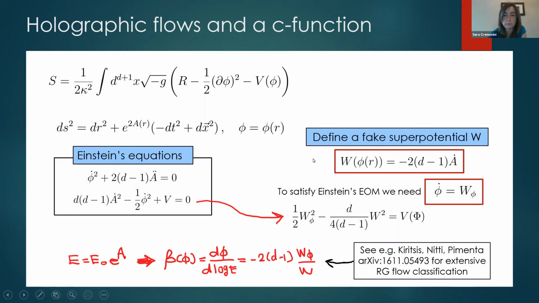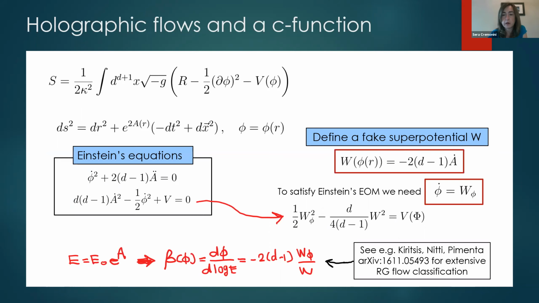So this W is a fake superpotential related to the scale factor in a particular way, the derivative of A. And by the way, these are radial derivatives. And if you impose that it also obeys this relationship, so the derivative of W with respect to the scalar is equal to phi dot, then you can show that Einstein's equations are satisfied, and you can turn the second one here into this first-order equation for the superpotential. I'm sure many of you are very familiar with this story.